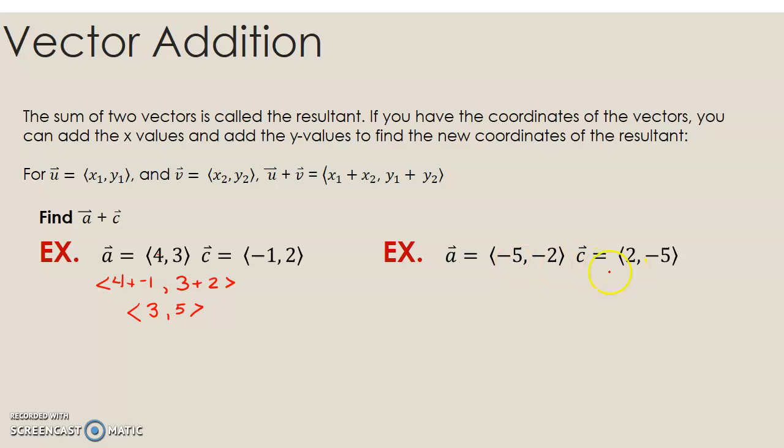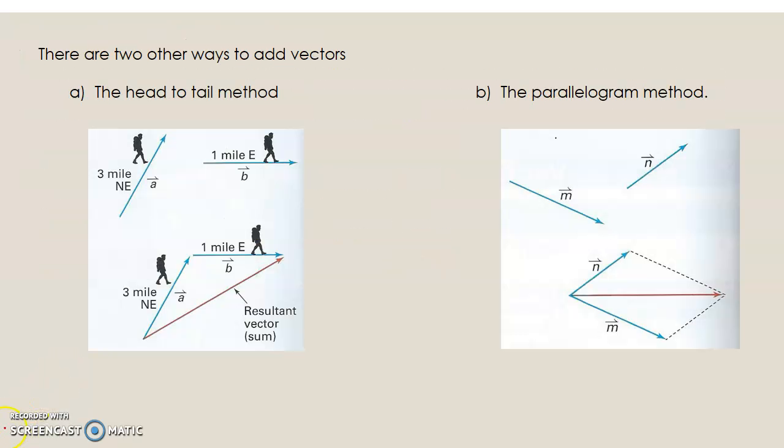A plus C here, negative 5 plus 2, then negative 2 plus a negative 5, and that's going to give me negative 3, negative 7. So that works. If you've got the coordinates, you just add them together and give you your new resultant, your new sum.